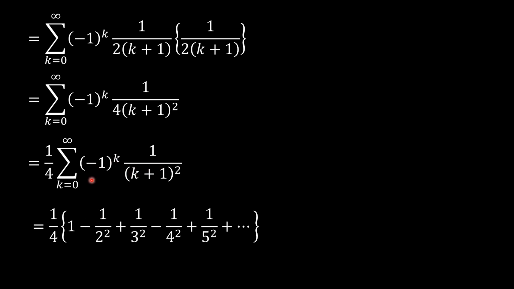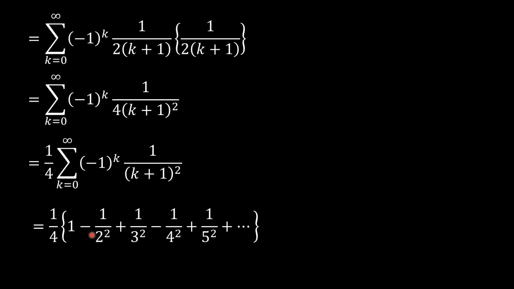And when k equals 1, this becomes negative 1, and k plus 1 becomes 2 squared. And so we have 1 minus 1 over 2 squared plus 1 over 3 squared minus 1 over 4 squared. So when this term is even, we have a negative sign here.